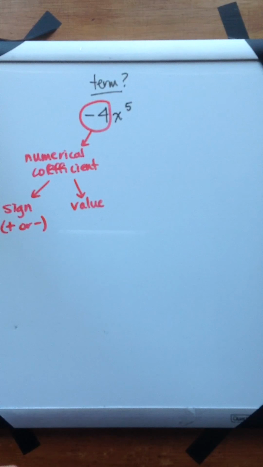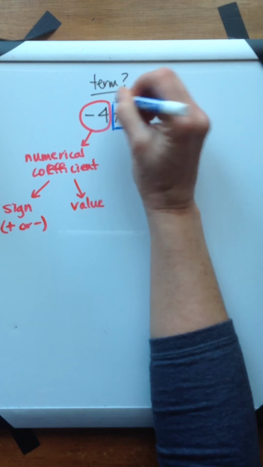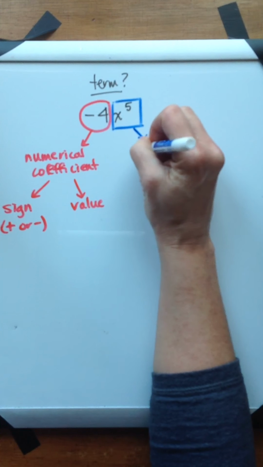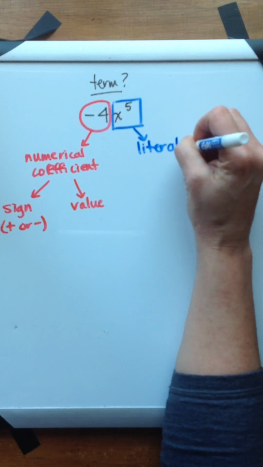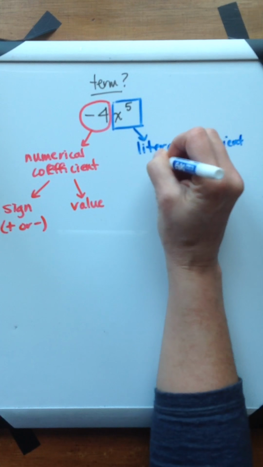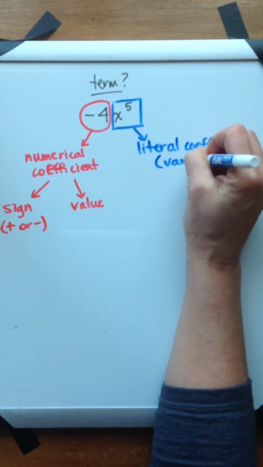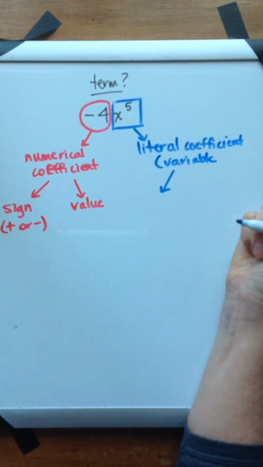So then there's a second half to this term right here, and this is called the literal coefficient because it's based on having letters in it. Sometimes we nickname this the variable. Now you'll notice that it consists of 2 pieces as well.